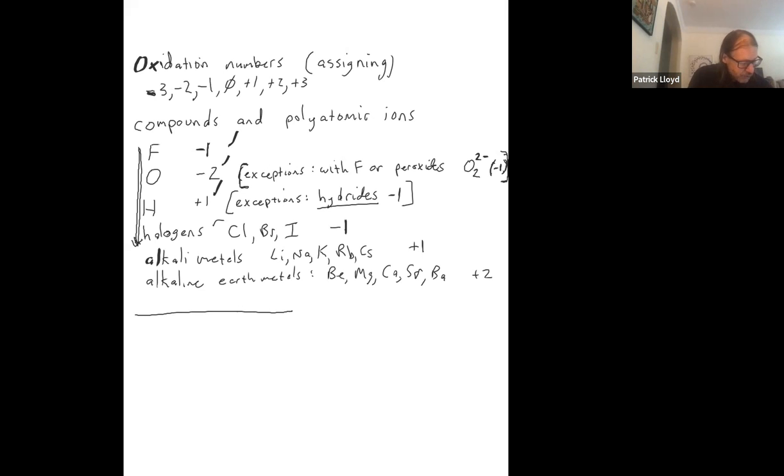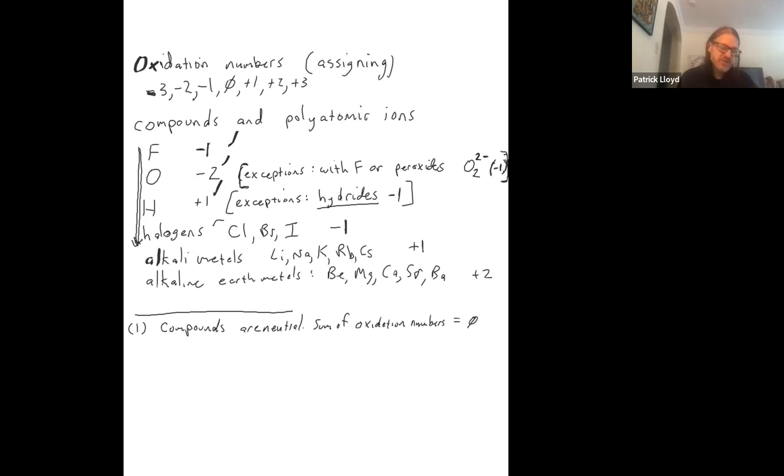One rule is compounds are neutral. Okay, we know that compounds are neutral. They don't have electrical charge. The sum of the oxidation numbers equals 0.